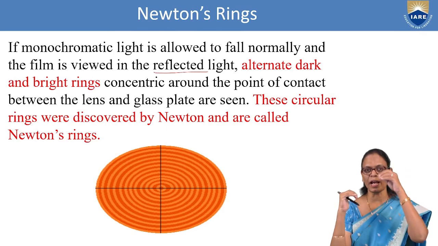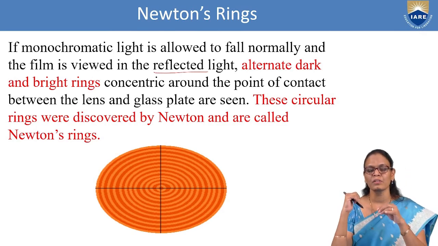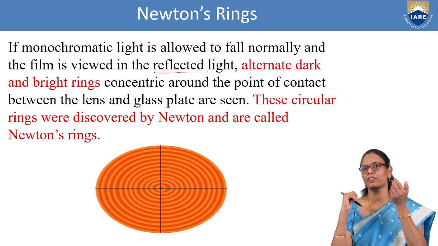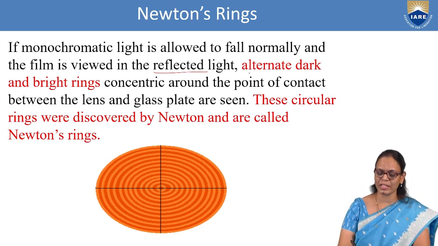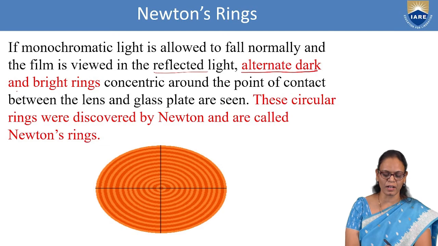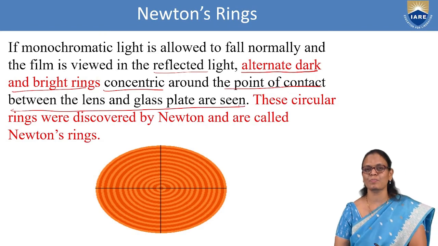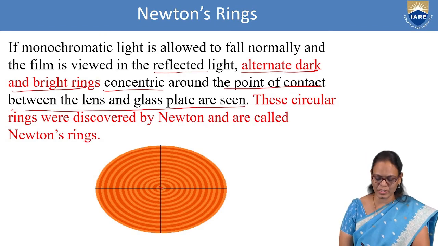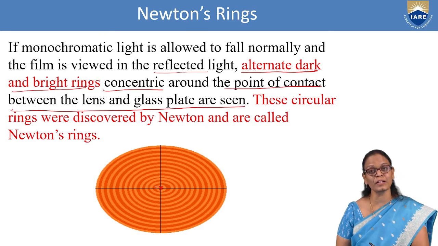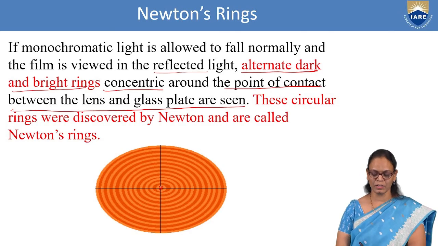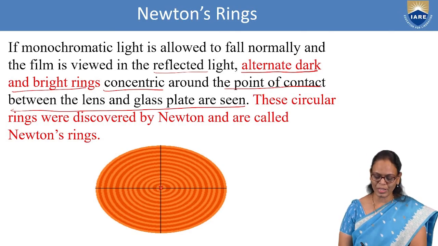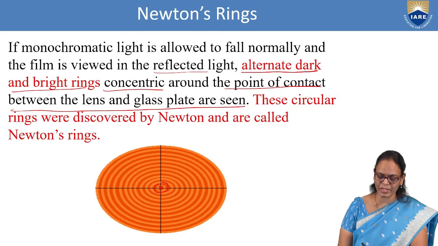Now, if we allow light to fall onto the air film, and you view it in reflected light, then what we see is alternate dark and bright rings concentric around the point of contact between the lens and the glass plate. So we imagine this is the point of contact between the lens and the glass plate. From here you will see concentric rings like this.